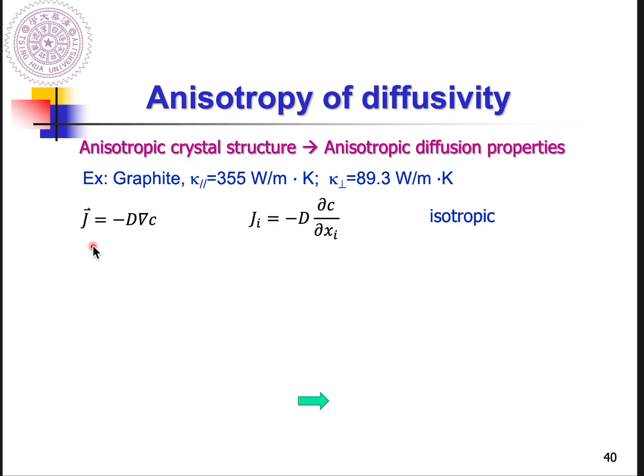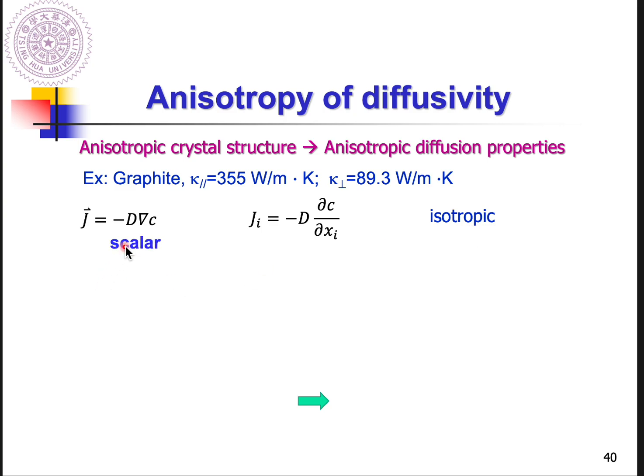So in the previous slides, we always said that Fick's first law can be expressed as the atomic flux equals minus diffusivity times the concentration gradient. And we applied this Fick's first law in isotropic materials.